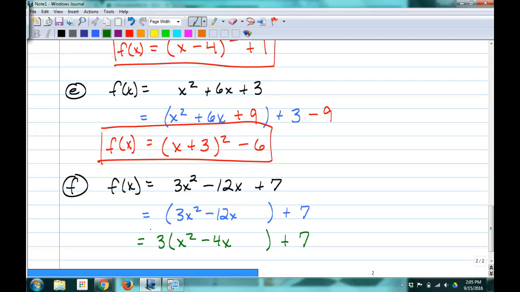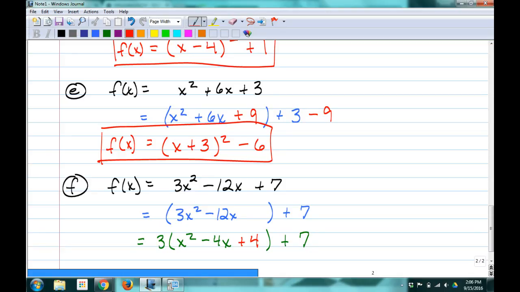We're going to complete the square on the inside the same way. Take half of b. Half of negative 4 is negative 2, and square it. So we're adding 4 on the inside. Not 4 on the outside, but technically we're adding 4 times 3.